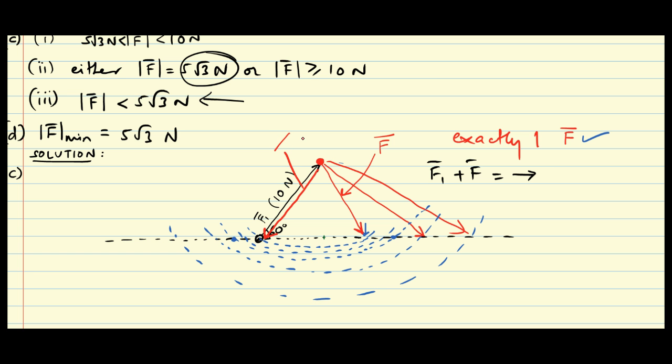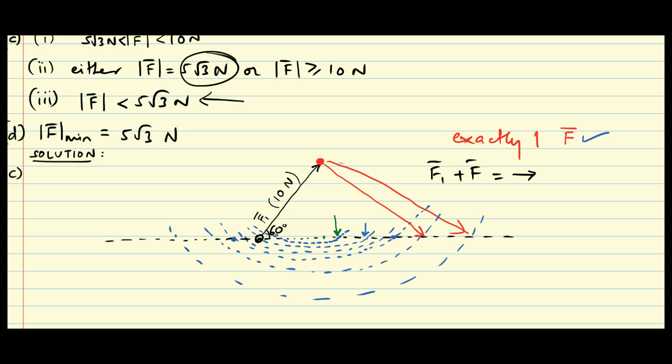Now what happens if you decrease f bar, its modulus that is, even further? So just a bit I'll decrease it. You see now that the circular arc actually cuts the dotted line in 2 points, and both of these points lie to the right of the particle.